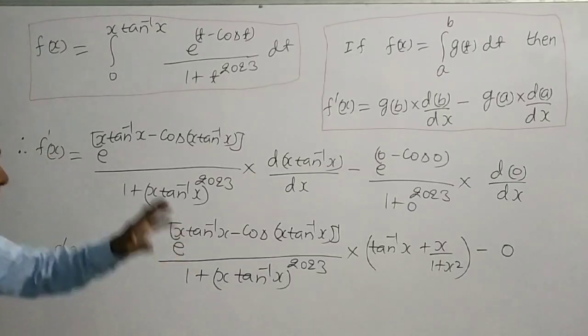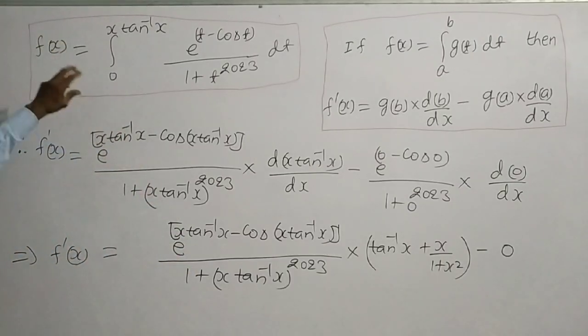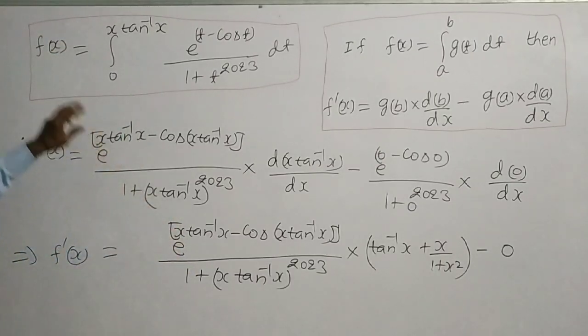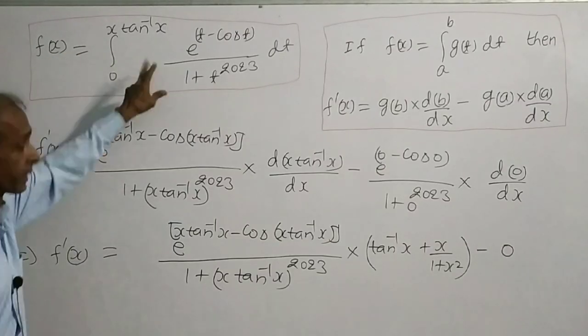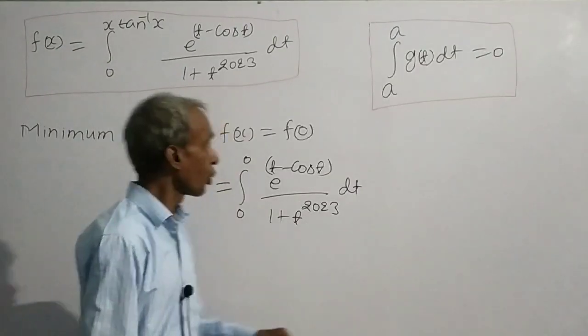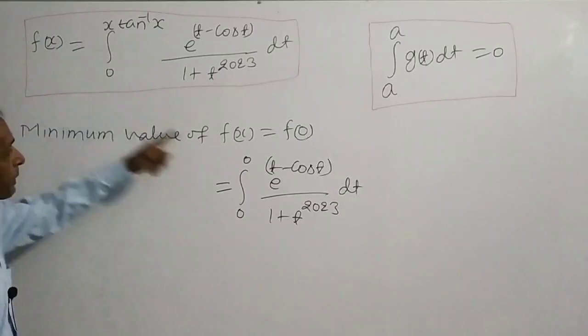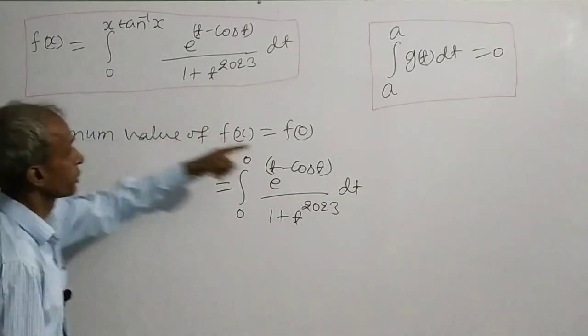Therefore, to get the minimum value of fx, we will put 0 in place of x in this function. Therefore, the minimum value of fx will be f0.